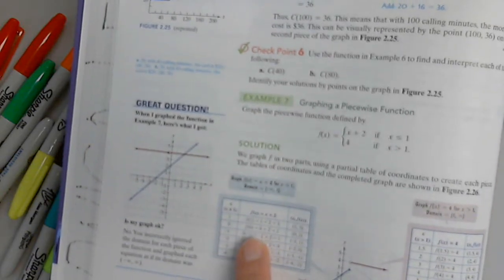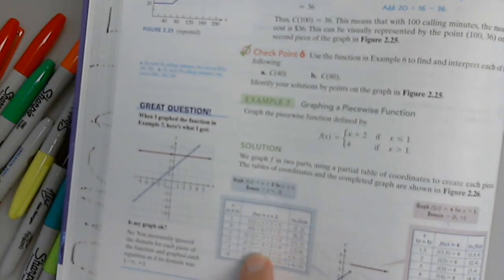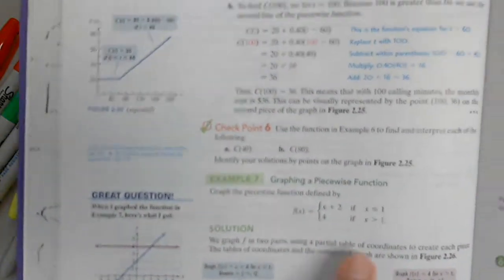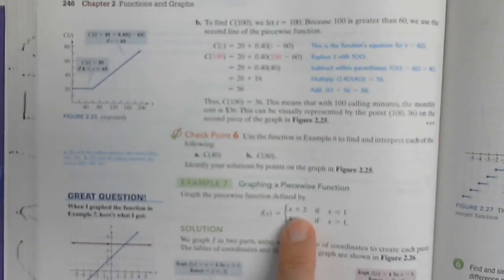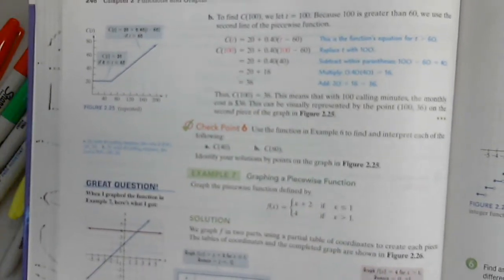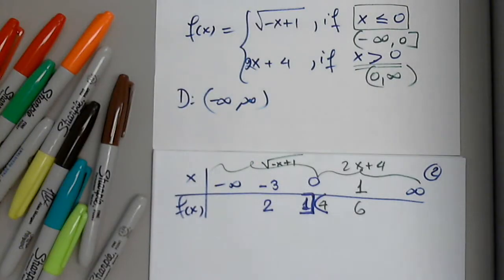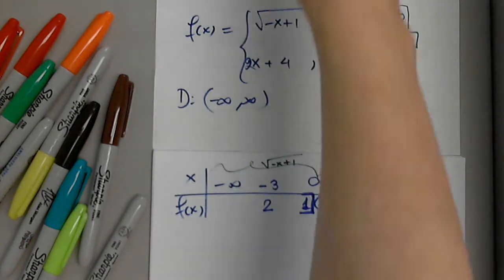Really, there is no need for all this. This is a waste of time. It depends on the function. If the function is linear, I only need 2 points. I don't need all this. If the function is 4, which is linear, I don't need all this. Just a waste of time. Too much work. That's my opinion. Okay, so now we are ready to graph this function.